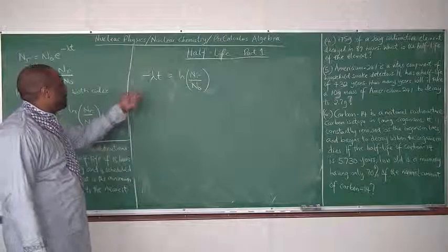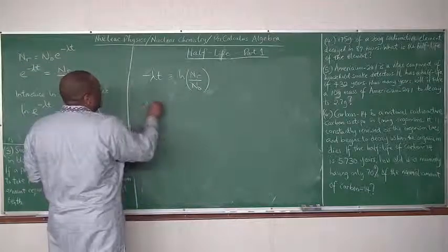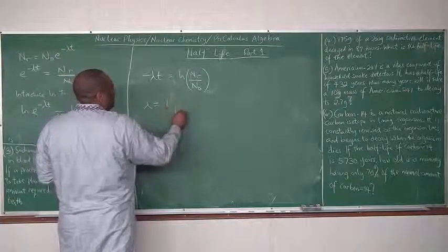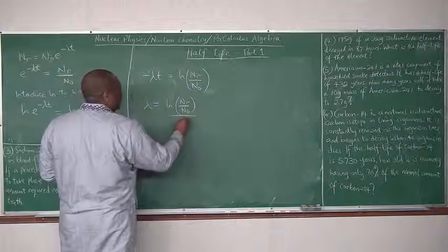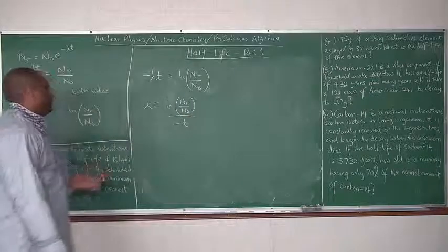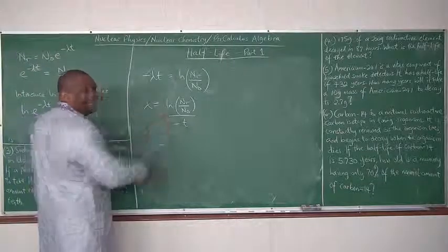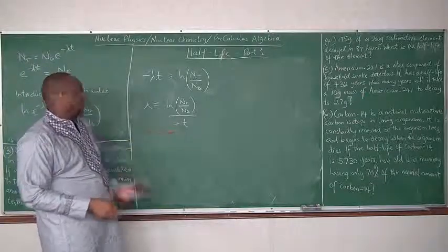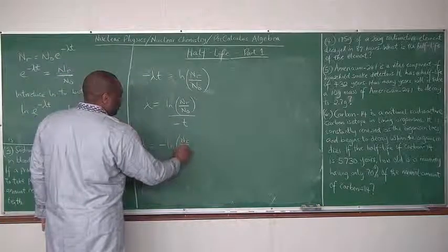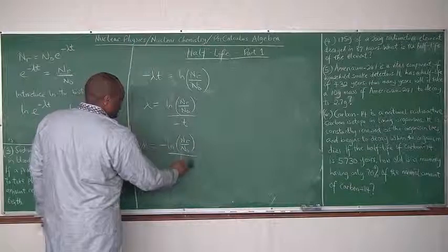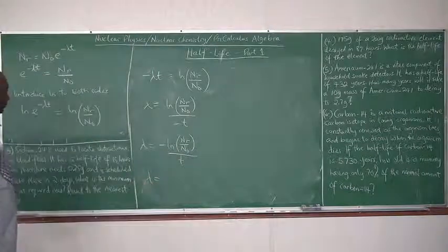And so what would this be? You divide both sides by negative t, so lambda will be ln of NR over NO, all over negative T. And you can bring the negative up; we don't write negative in the denominator. So this is negative ln NR over NO, over T. What will it be?